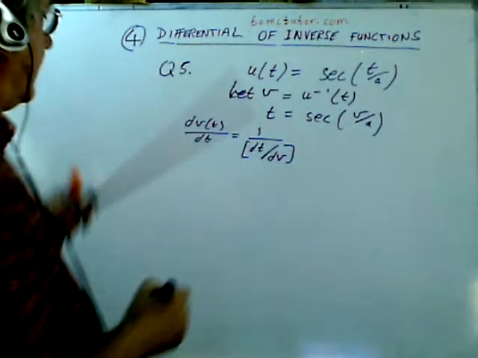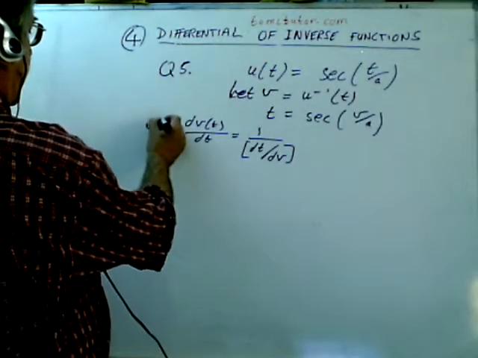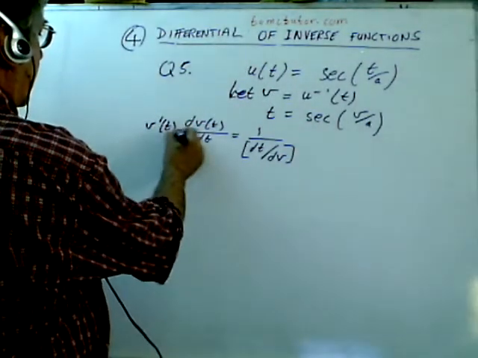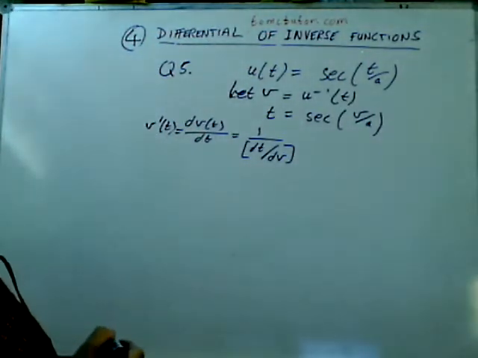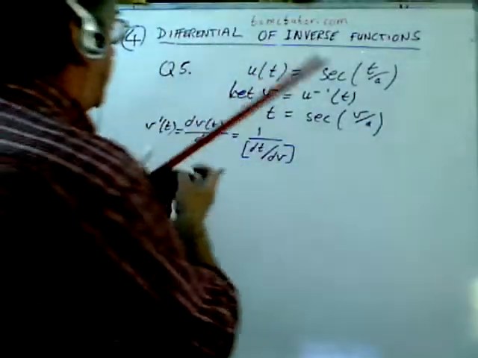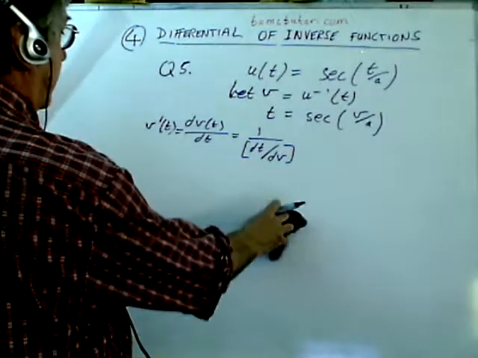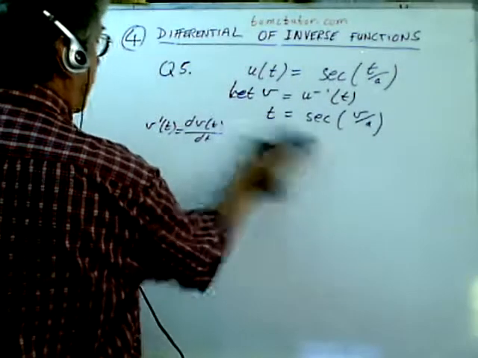You could say that's v dash t, which obviously written like that is that. And this is actually what we've done in the other video, so I'm not going to waste time justifying what I'm doing here. This is what I'm doing.